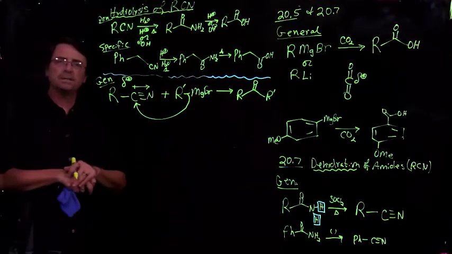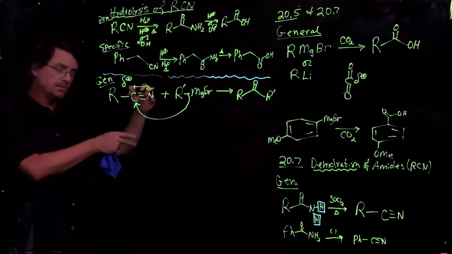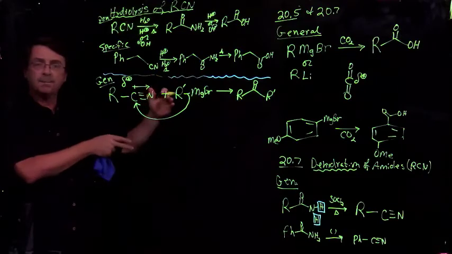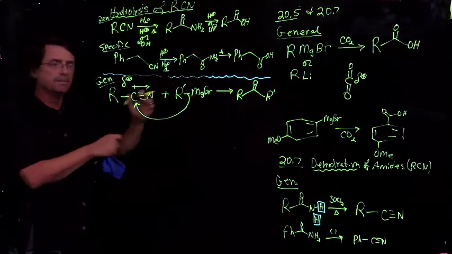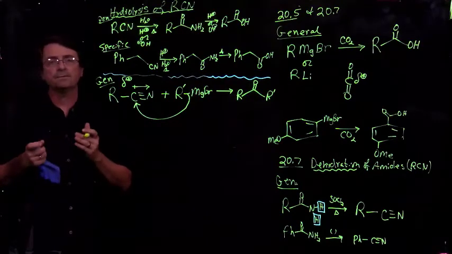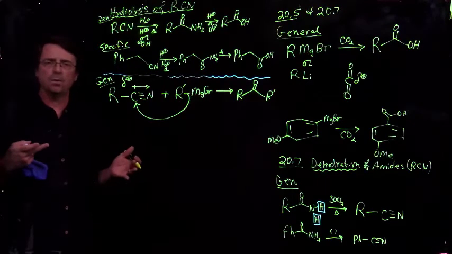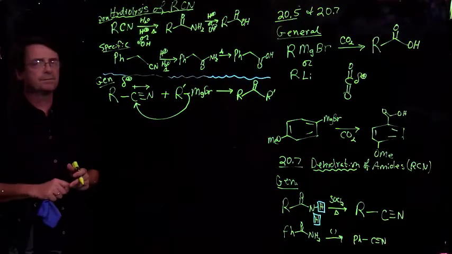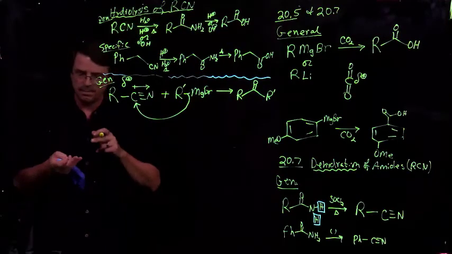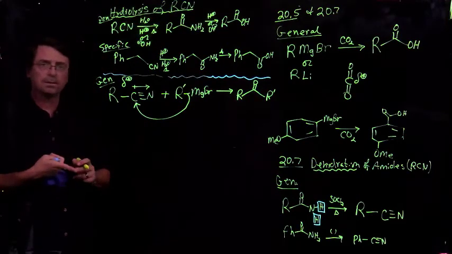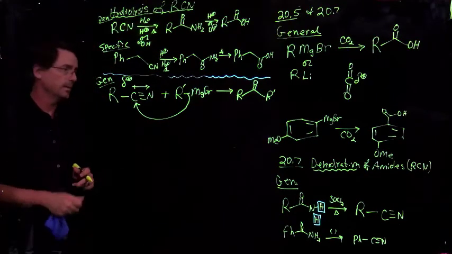Because you see, when you face a problem on the exam, if you have a list in your mind that you've already made of ways to make functional group X, whatever that functional group is, then the amount of information that you have to process and digest is much smaller than the whole of our course. So make those lists of specific things that you're trying to synthesize, as well as lists of reactions that make specific kinds of bonds, like carbon-carbon bonds, carbon-oxygen bonds, carbon-nitrogen bonds, and so forth.